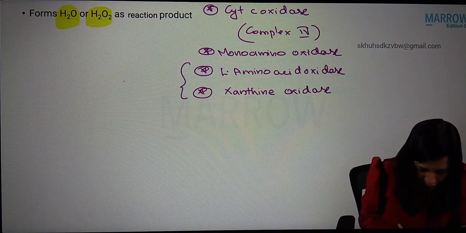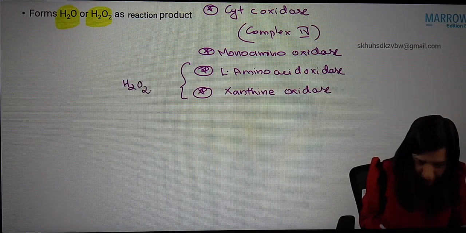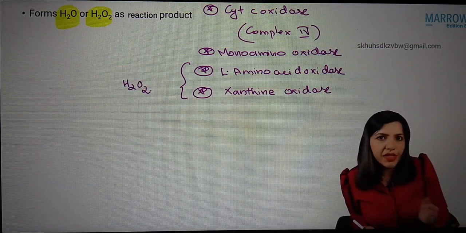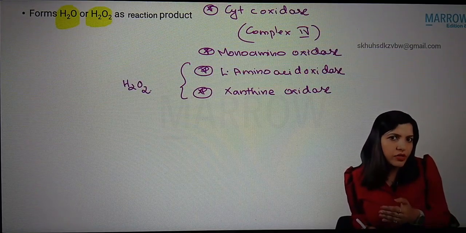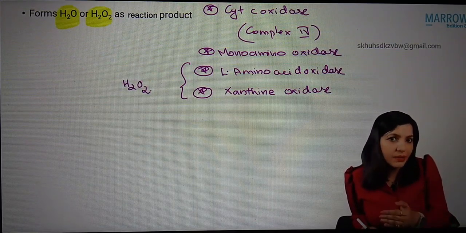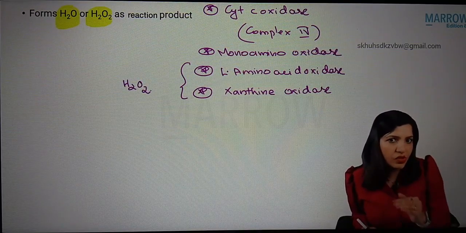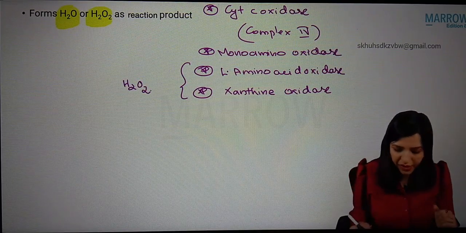These last ones usually produce hydrogen peroxide. It is a transfer of a hydrogen element, but the acceptor is oxygen. That is called oxidase.